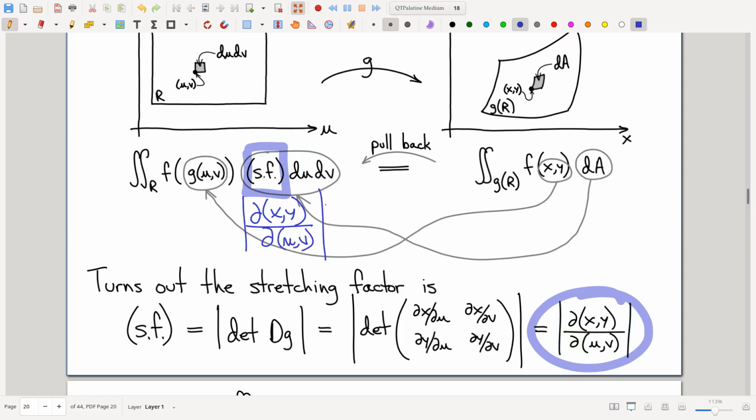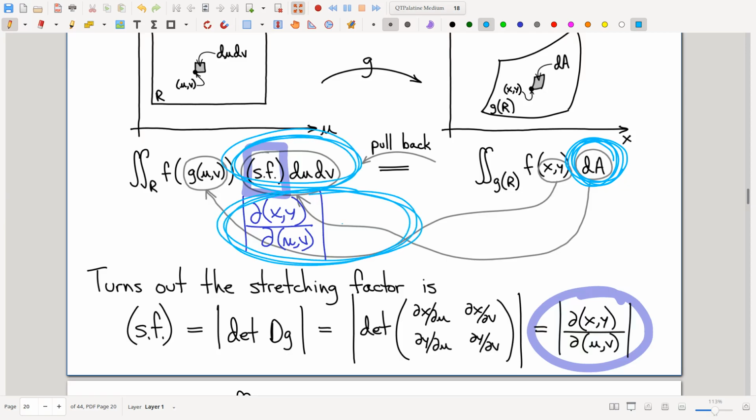And keep in mind that that's part of my expression for dA. This product is dA. So let me, for the sake of completeness, go ahead and put the du dv there. That's our expression for dA.